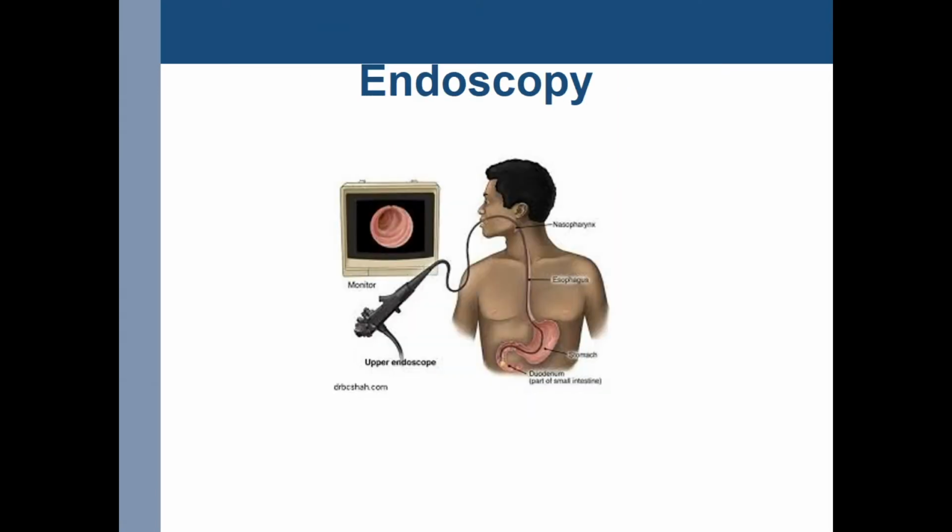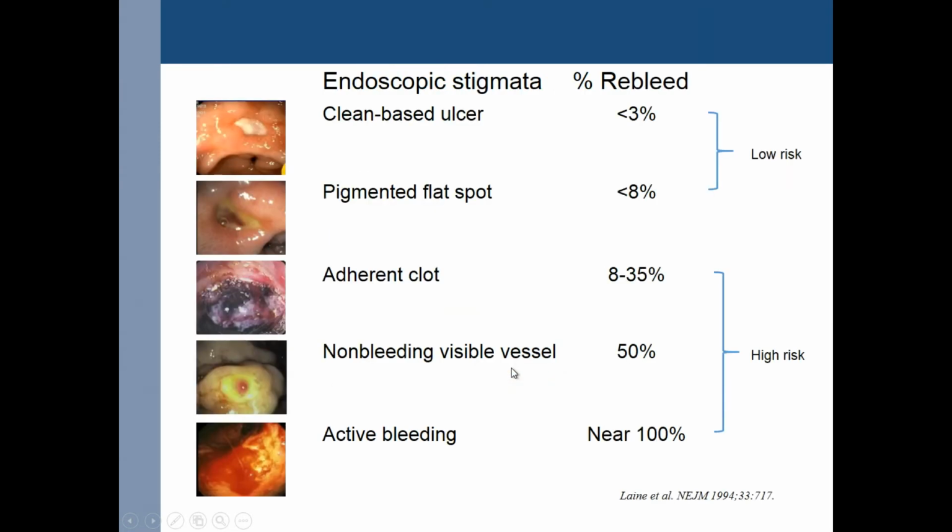And then, of course, comes the upper endoscopy, where we go down the patient's mouth and evaluate their esophagus, stomach, and the proximal duodenum. And these are some of the things that we might encounter when we're doing the upper endoscopy. So you see here on the upper left, this is a classic example of what we call a clean-based ulcer in the stomach.